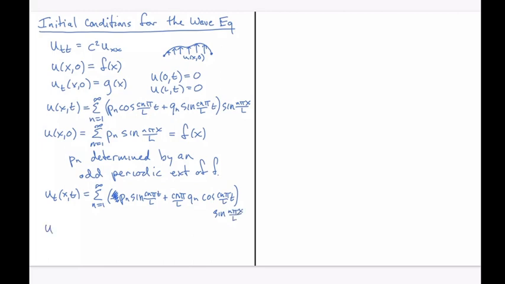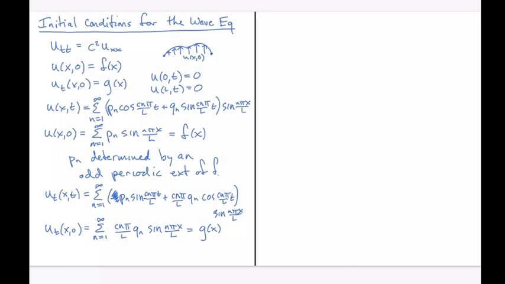And then when I plug in t equals 0, the Pn's disappear, and I'm left with the sum from n equal 1 to infinity of Cn pi over L Qn, and the cosine becomes 1 because I'm plugging in t equals 0, and I'm left with sine of n pi x over L. And so this has to be equal to g of x, which is the initial velocity of the string at every point.